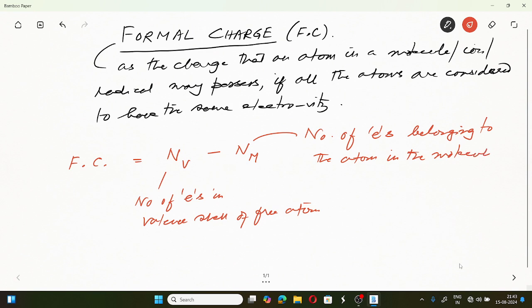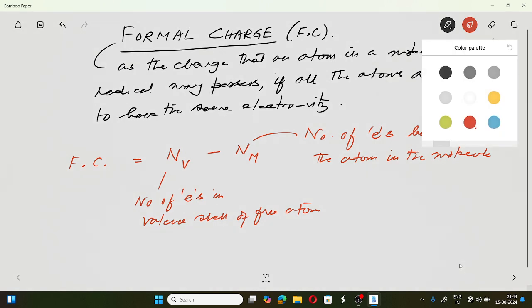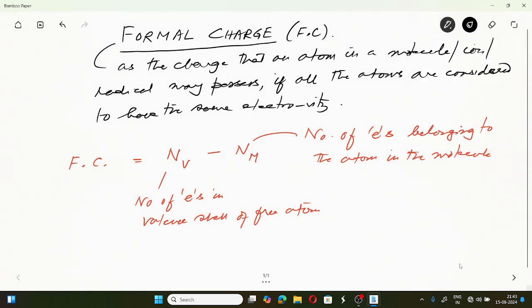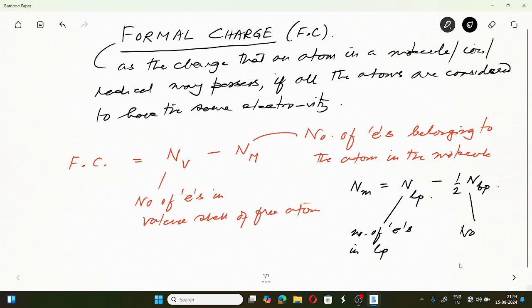So Nm, we can say, is the number of electrons in the unshared pair, that means in the lone pair, plus half the number of electrons in the bond pair.